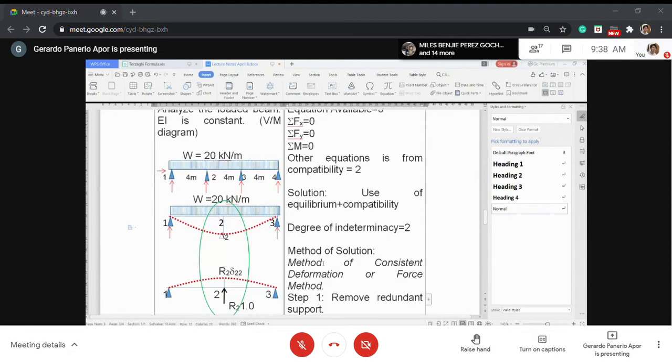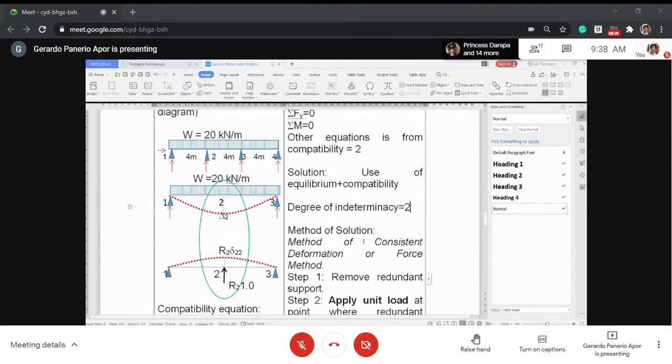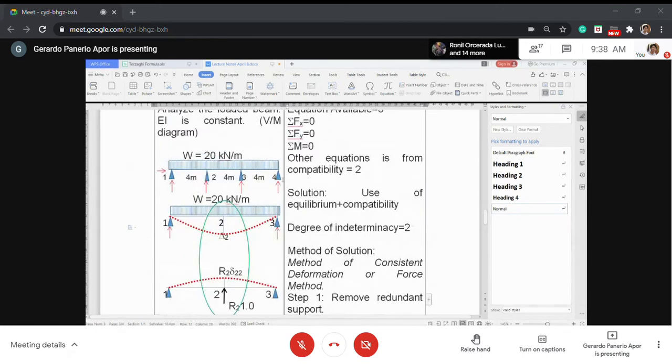Now the method of solution is the method of consistent deformation, or force method. How are we going to solve this kind of problem? First, you need to know what happened to the beam, the exact depicted structure.